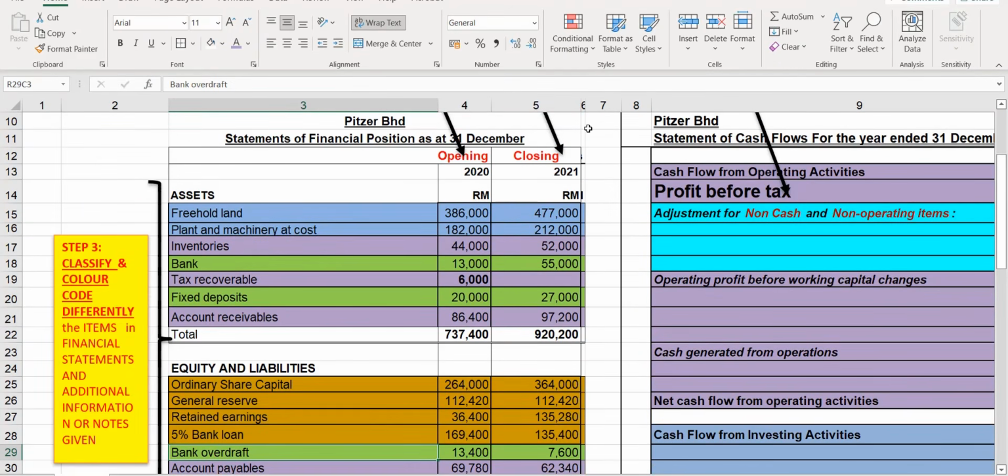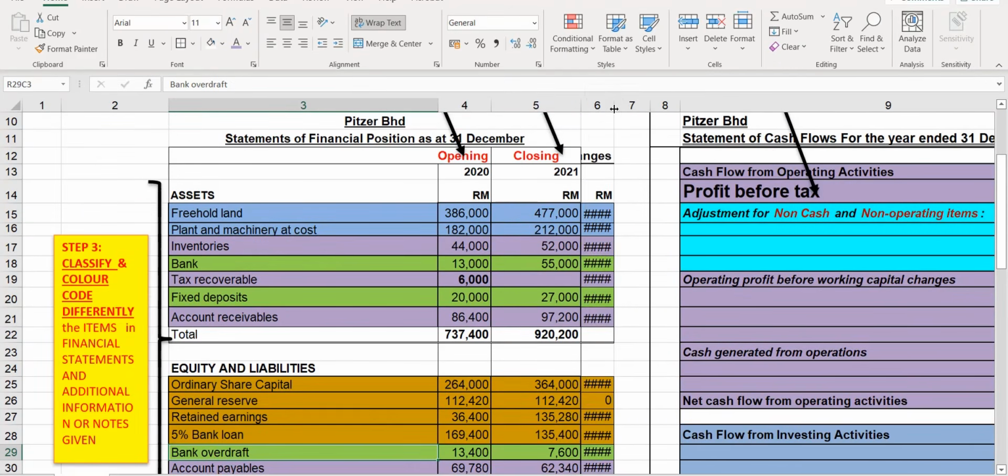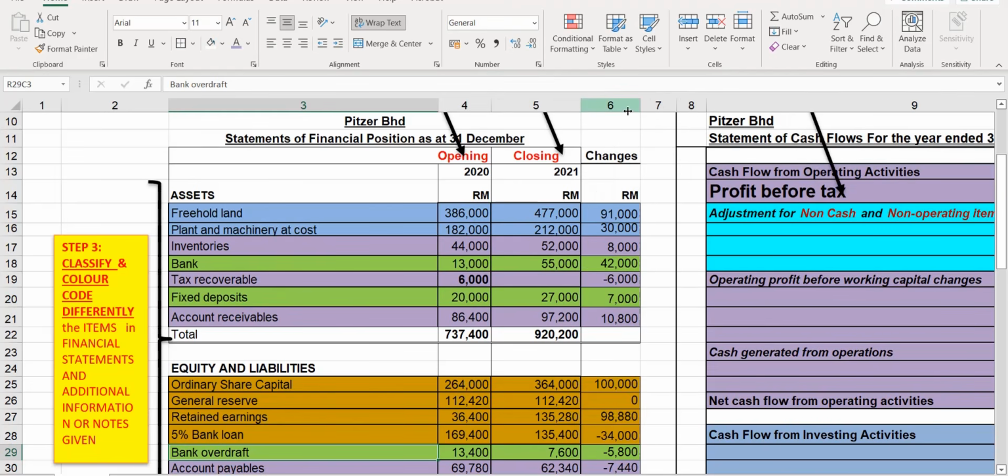As you do that, you can now find out what are the changes in that cash and cash equivalent. So I've done the changes. Since I've done for this cash and cash equivalent, I have also done the changes for other activities.